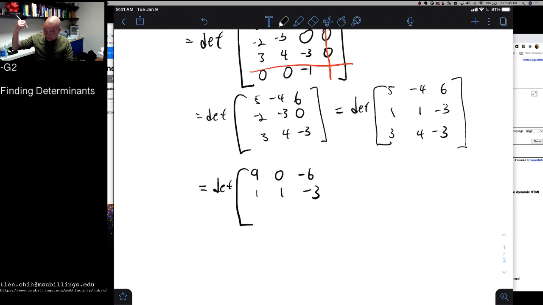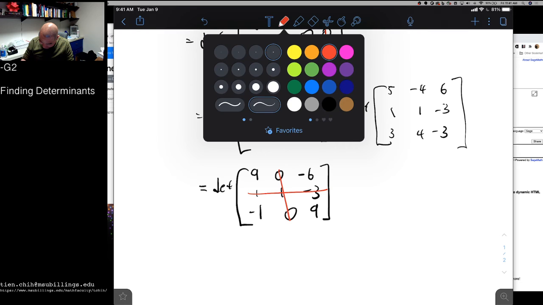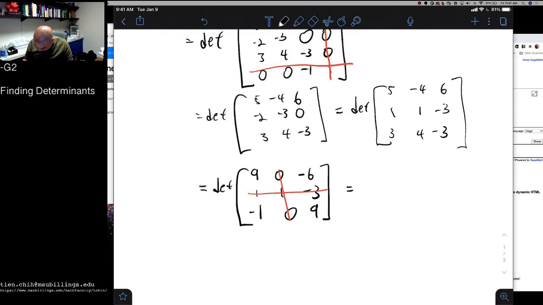And then minus 4 times 1 plus 3 is minus 1, 0. And then, okay, positive 12 plus minus 3 is positive 9. Zip zap. And now we have a sort of standard determinant.